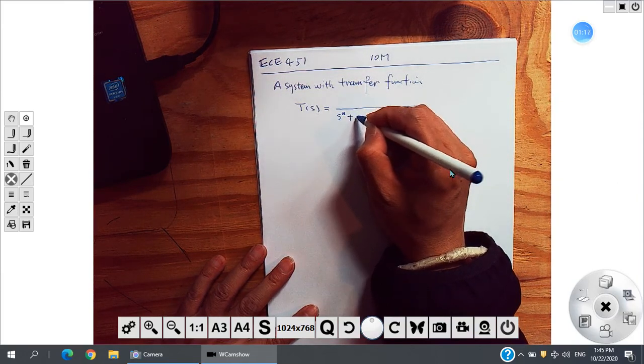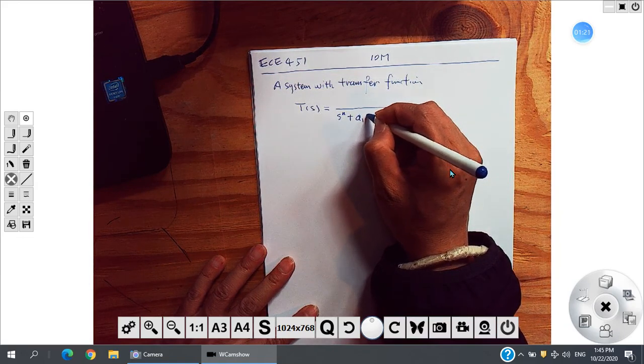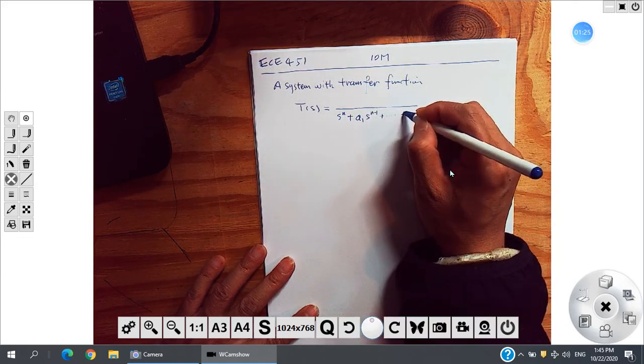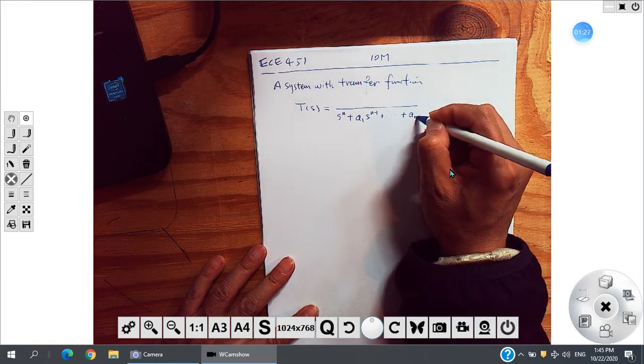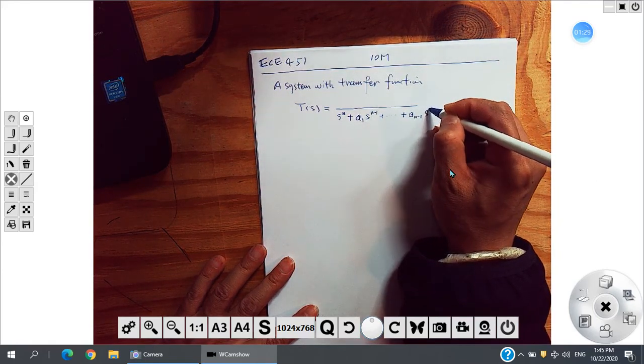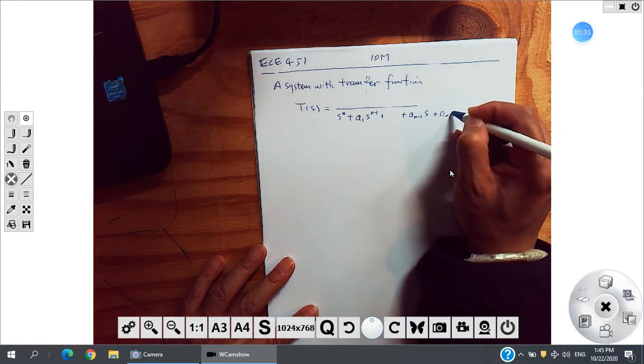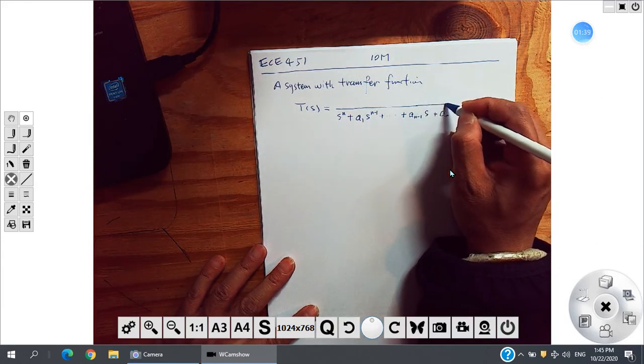This is s to the n, then coefficient a1 times s to the n minus 1, plus more terms until a_n times s to the 0, which is just 1. Okay, so this is the denominator.